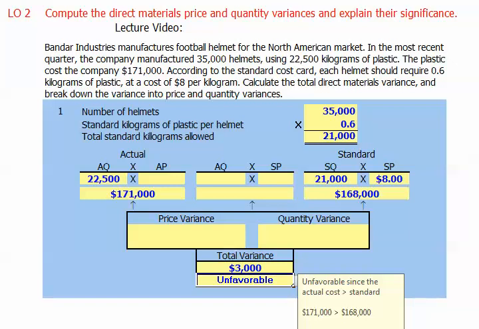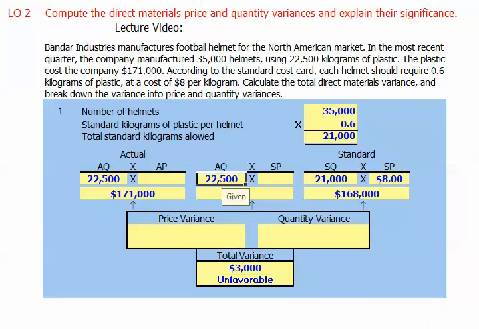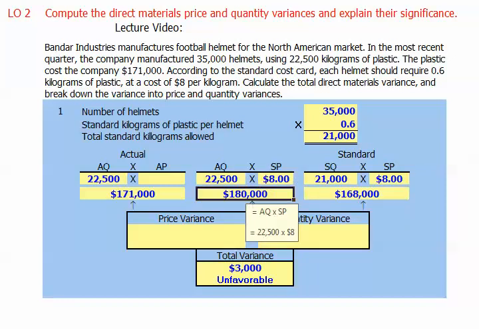Let's go ahead now and break that down into two components, a price variance and a quantity variance. To do that, we need to calculate our center column. We take our actual quantity of 22,500, multiply it by the $8 standard price, and we get a total of $180,000.